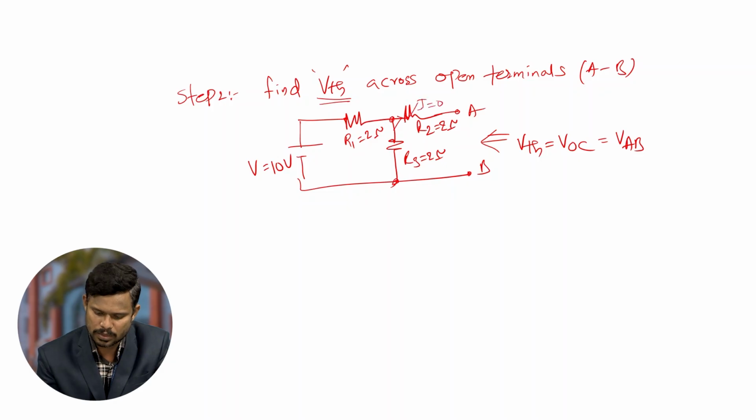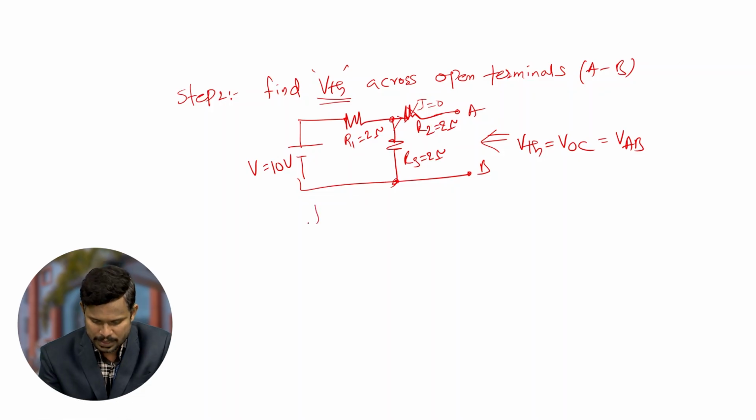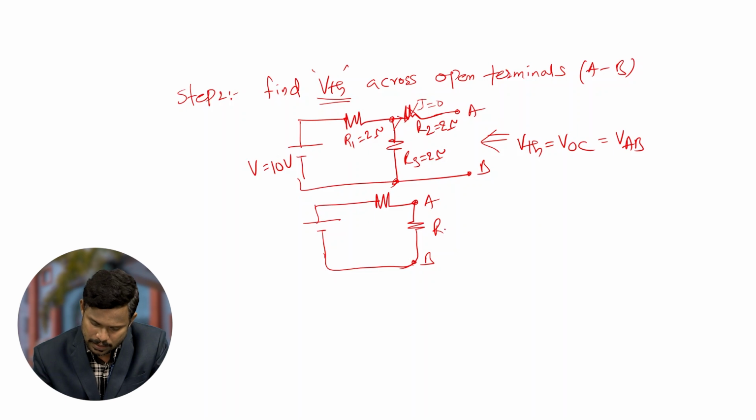The current is 0, so this resistor value is negligible. So the remaining circuit is only 2 resistors, both connected in series, and this will become the A and B terminal after neglecting the resistor R2.